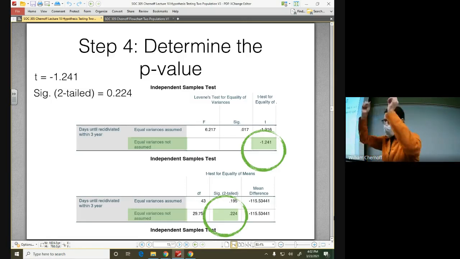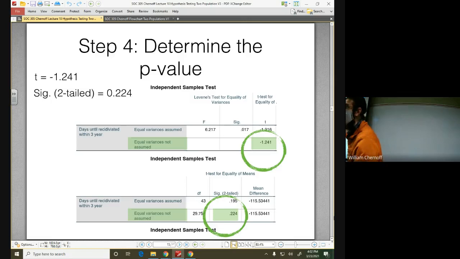So I take this data, put it into SPSS, and I get results that look like this. When it comes to reading this table, you're going to use the second row, so ignore the first row. So you said ignore the first row, use the second row. Right.